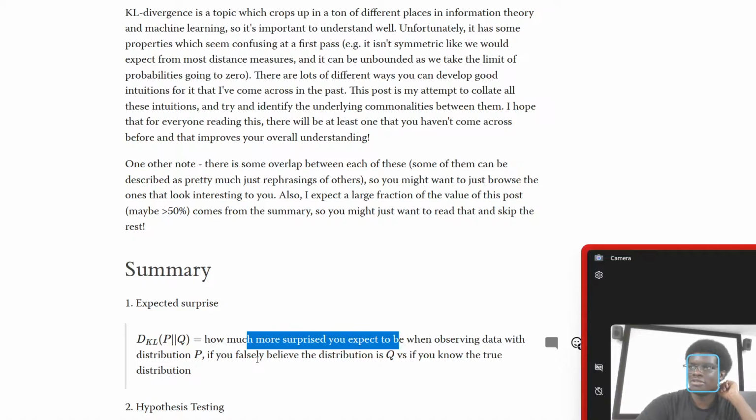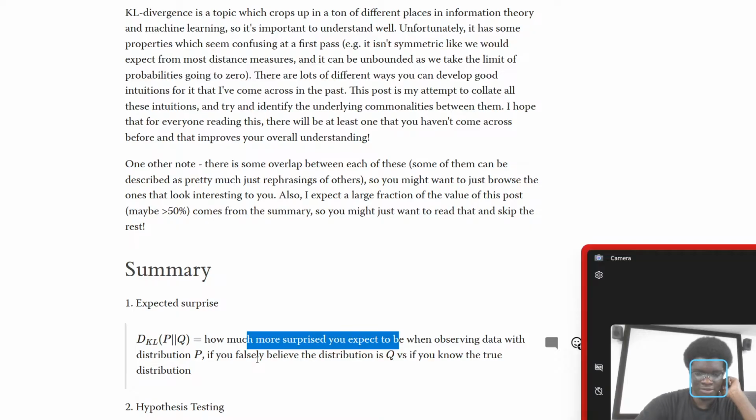It would be nice if they had a mathematical expression. I guess I can look that up, but let me just try and grok this. First of all, it makes sense that this should always be positive, right?